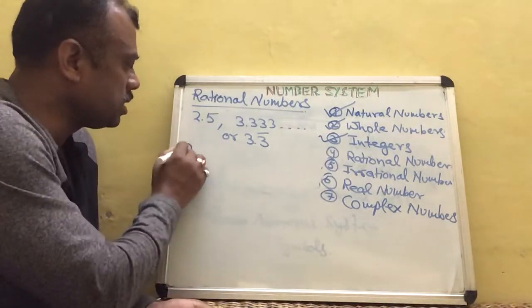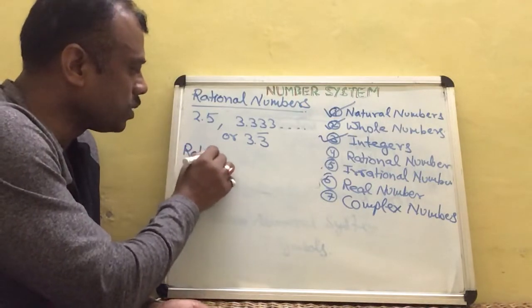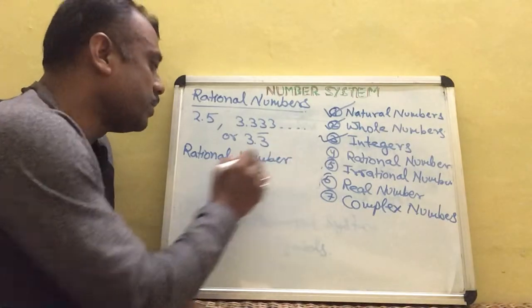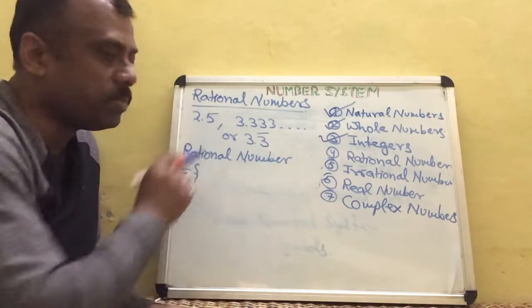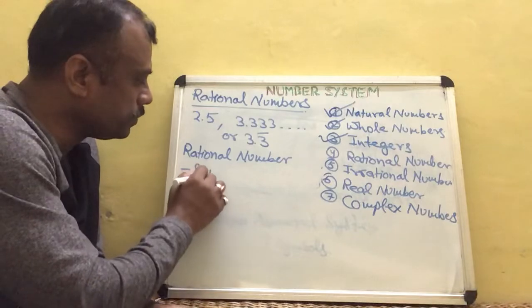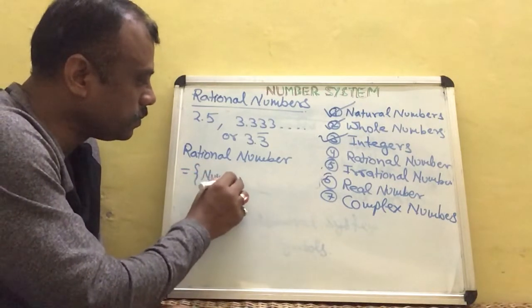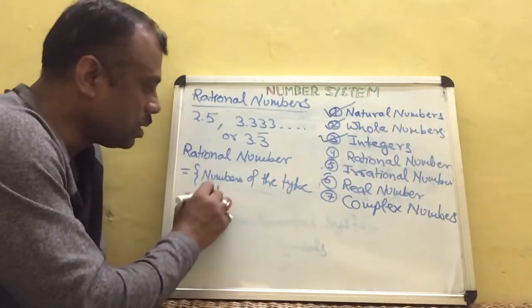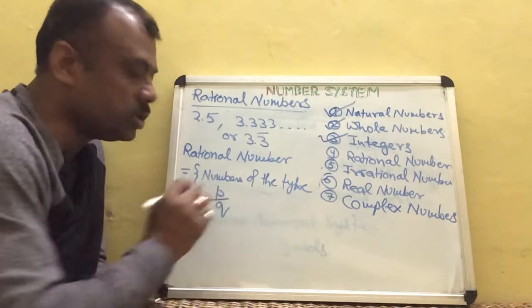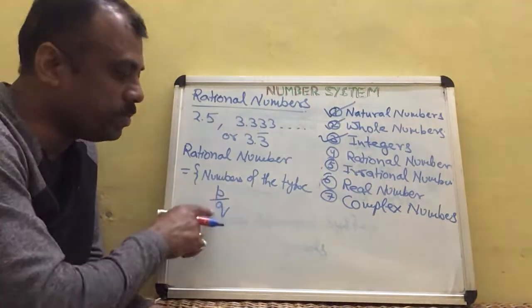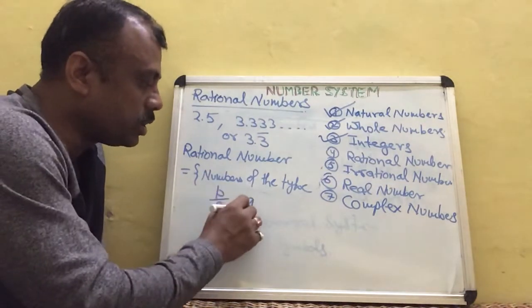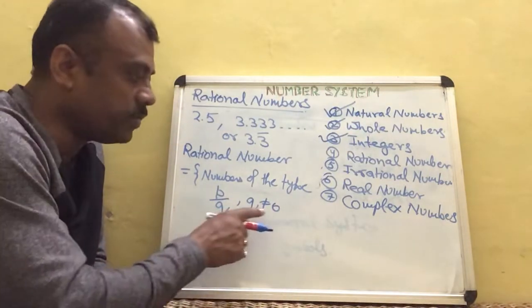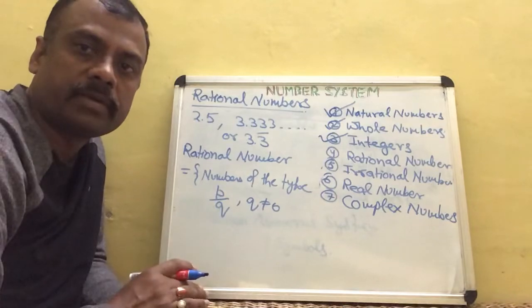So a rational number family will have numbers of the type p by q, where q not equals to 0, because in mathematics division by 0 is not defined.